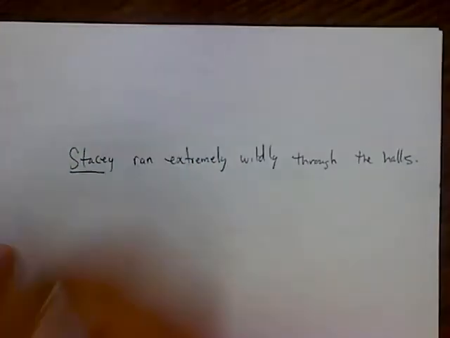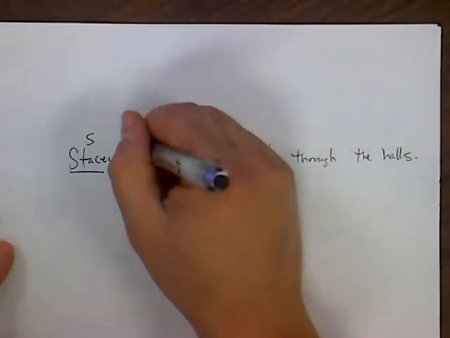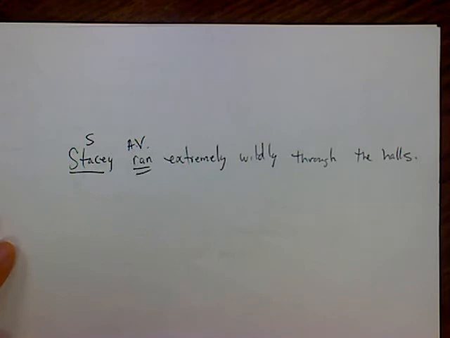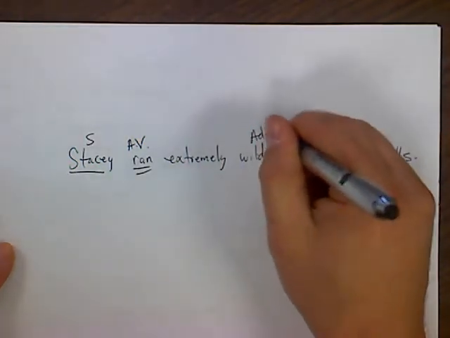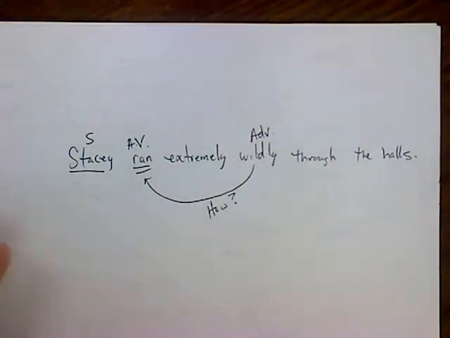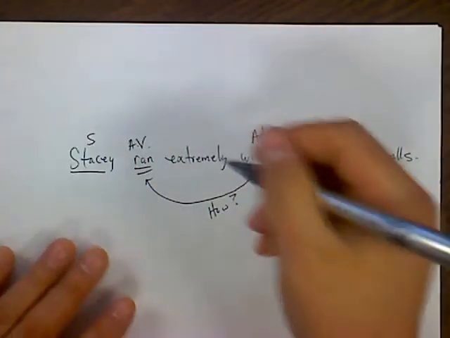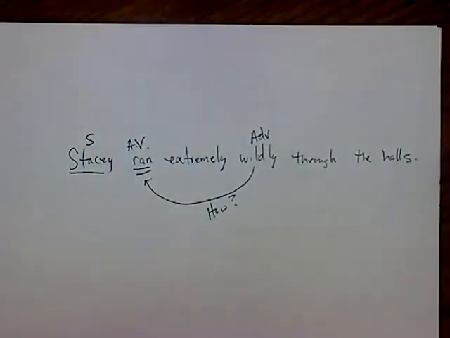Again, give me my subject, identify my verb, ran. I could label it as an action verb if I want. We already said that wildly was an adverb because it told how did Stacy run. She ran wildly. But now, to what extent did her running become wild?